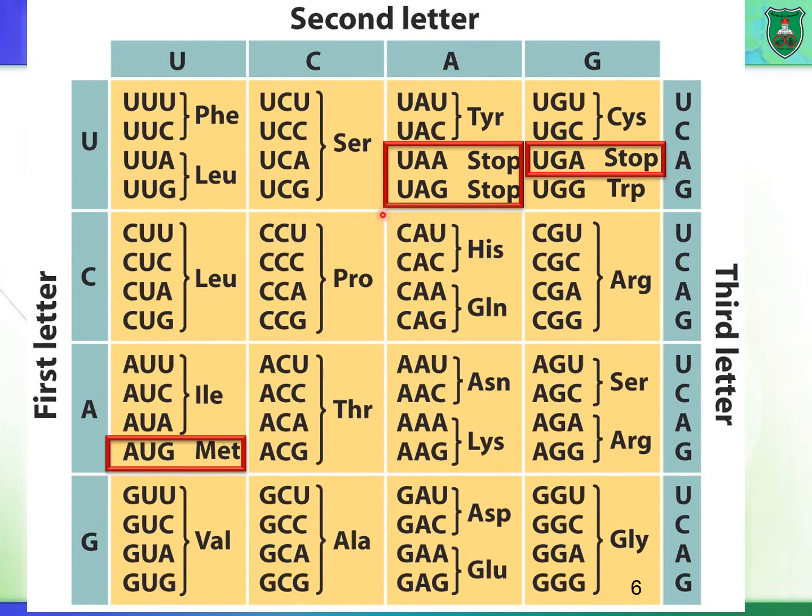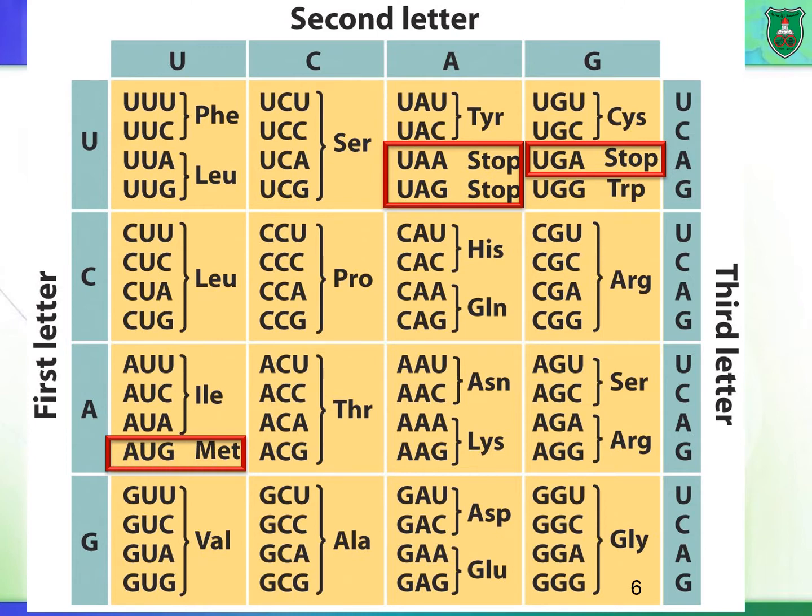Now, notice something. We have three codons that do not really code for any amino acid, and these are known as stop codons. So translation stops at any one of these three codons, UAA, UGA, and UAG. You are responsible to memorize these three codons. There's a fourth one, I'm sorry, and it is AUG, and it calls for methionine.